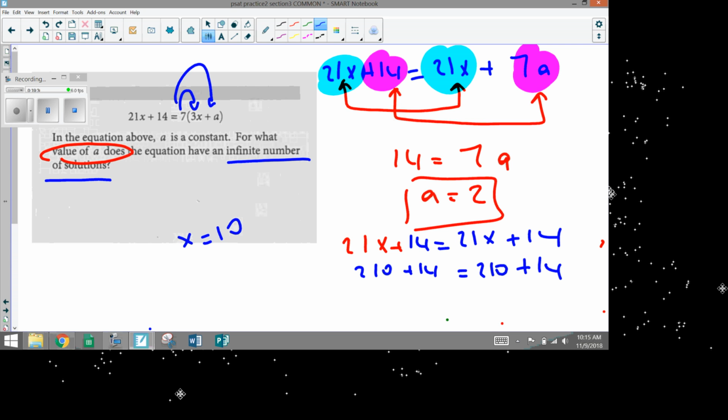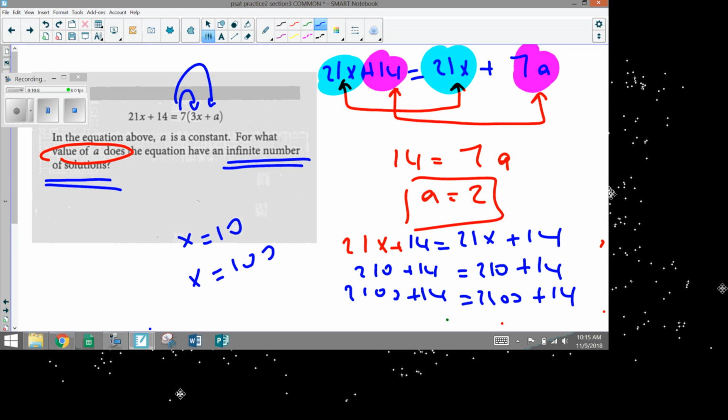Is that right? So that's satisfied. Plug in whatever. Plug in 100. 2100 plus 14 is equal to 2100 plus 14. So whatever you plug in, it will satisfy. That means we did it correctly. Infinite number of solutions. A is equal to 2. Does that make sense?